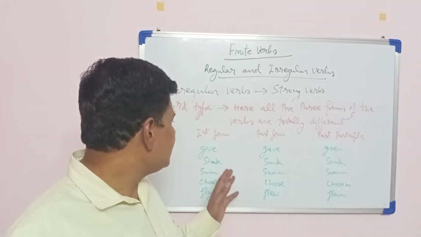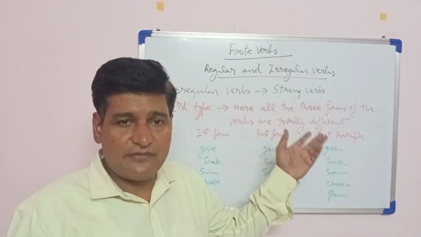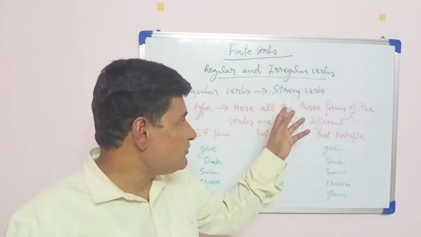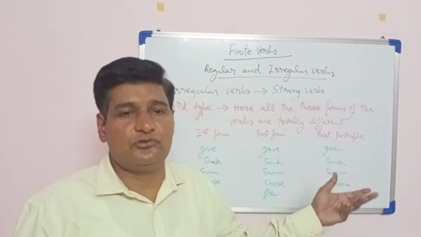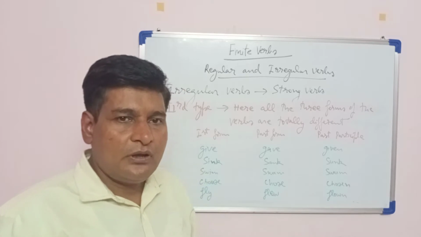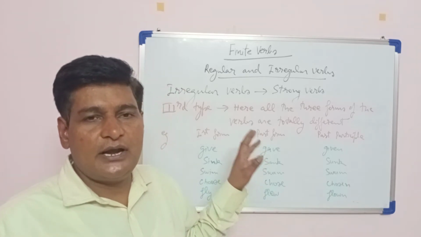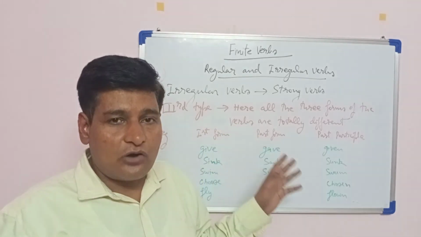It doesn't mean that irregular verbs should always be used in the passive form. If a strong verb is used in the active form, then the sentence will be much more forceful. So I hope you have understood regular and irregular verbs, or we can say weak and strong verbs.